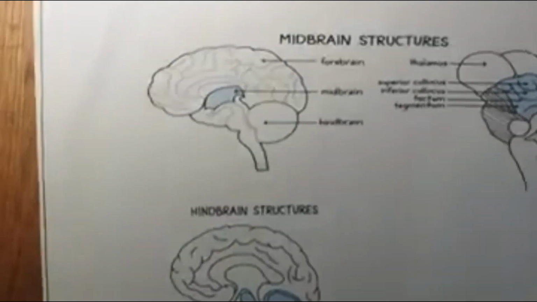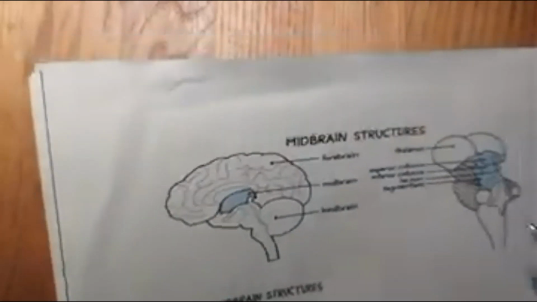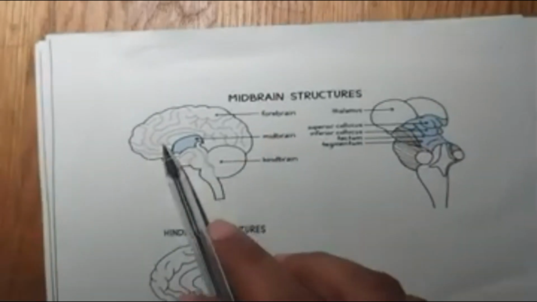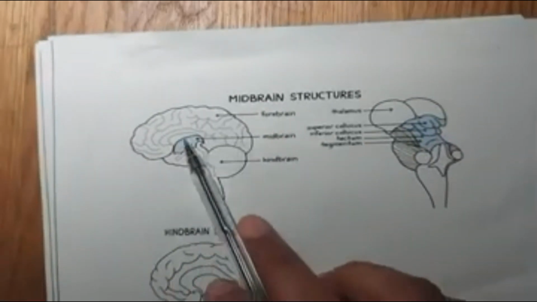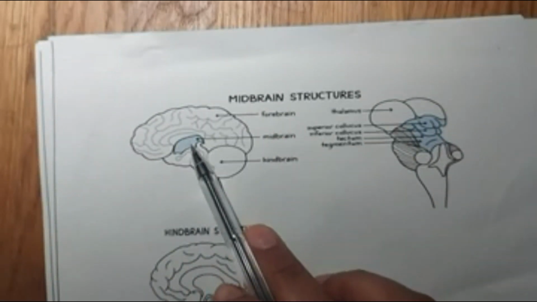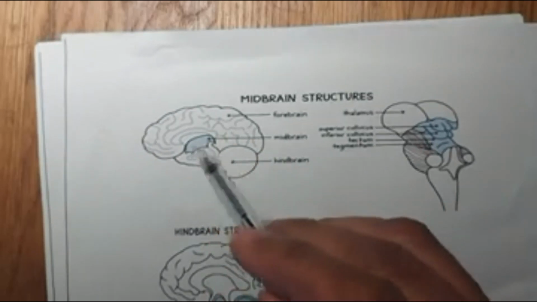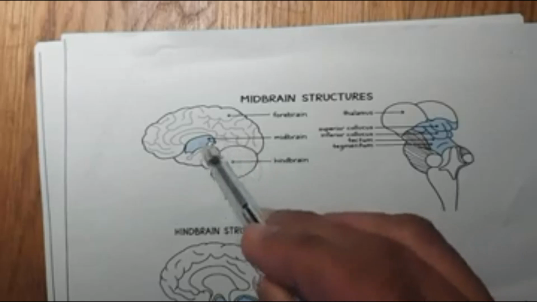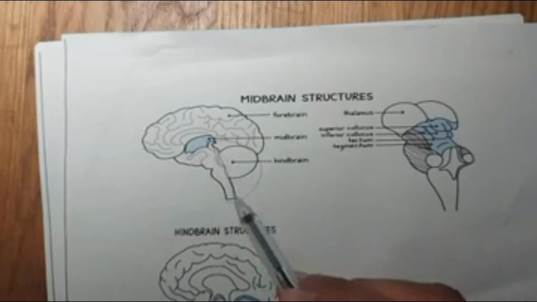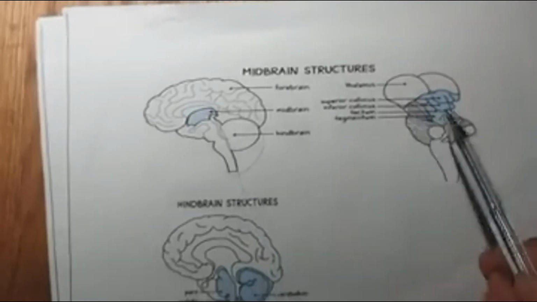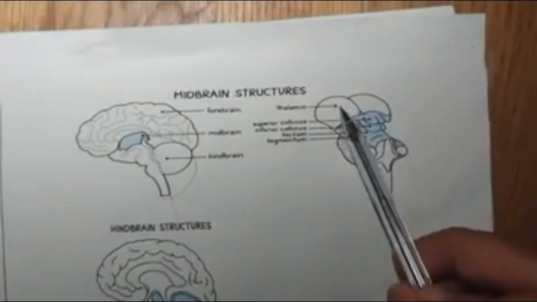Now the midbrain is a very important structure. If you look at this forebrain, the midbrain and the hindbrain, the mid and hindbrain are in a single column fashion, in the fashion of a column. So the thalamus I have described.